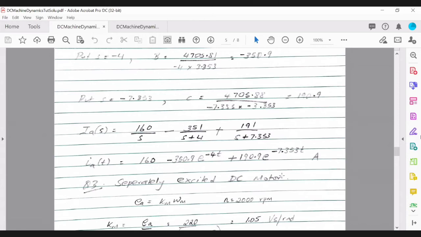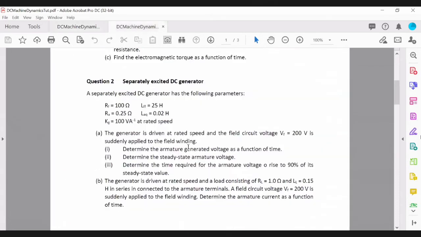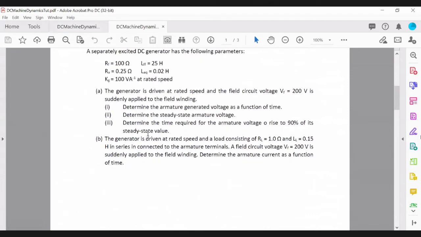Okay, so this is how we apply the material that you have learned in mathematics now into machines, to basically use your inverse Laplace transform to solve for example the armature current in a DC generator. Okay.